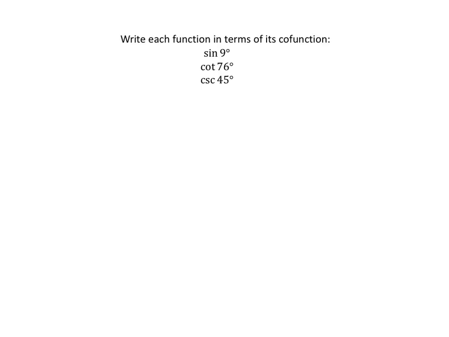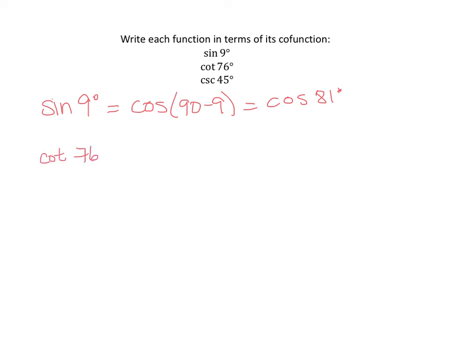With regard to cofunctions here, we're asked to write each function in terms of its cofunction. So the first one is the sine of 9 degrees. Well, the cofunction of sine is cosine, and I need its complement, which would be 90 minus 9. That makes it cosine of 81 degrees. The next one is the cotangent of 76 degrees.